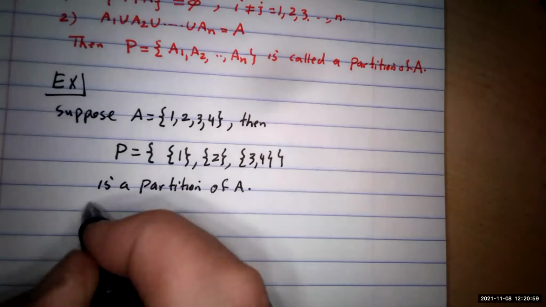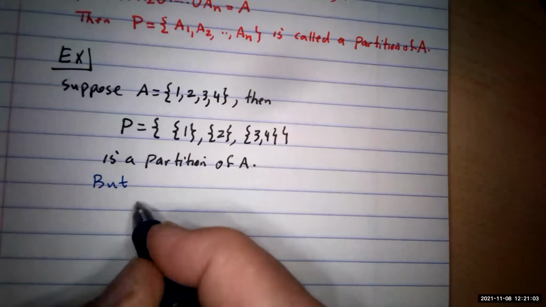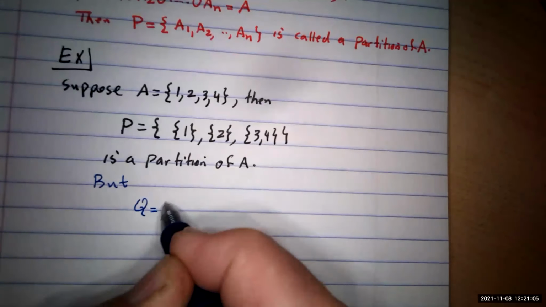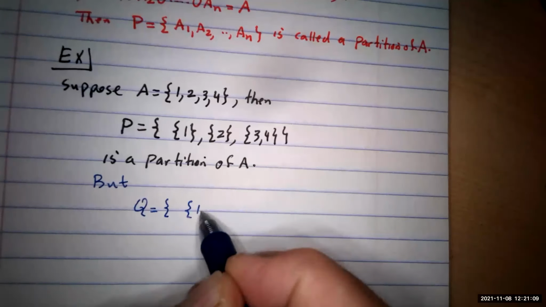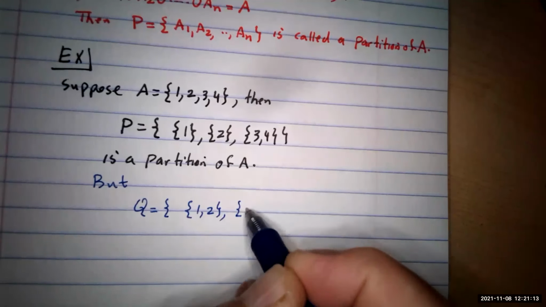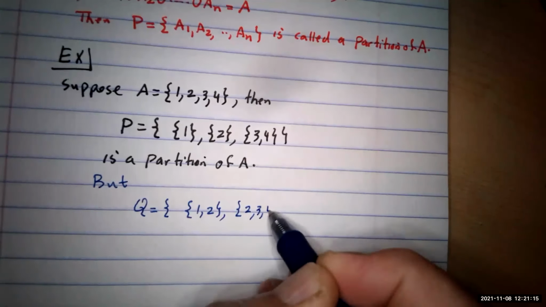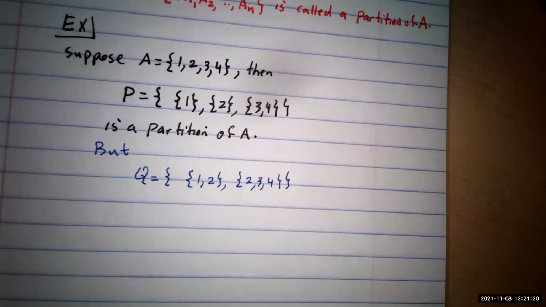Look at this one. If I give you another one, Q equal to the sets 1, 2, and the set 2, 3, 4. What's wrong with this one to be a partition of A? They both contain 2.